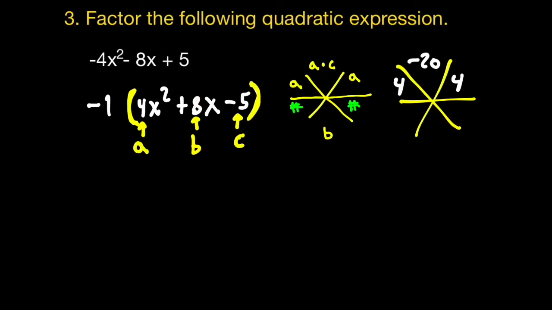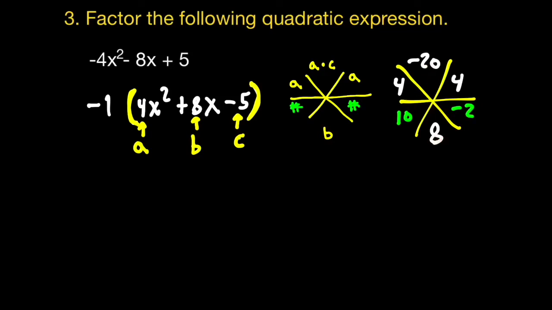And now, I need to find two numbers that when I multiply them together, I'm going to get -20, but if I decide to add them, I'm going to get +8. With some trial and error, we will eventually conclude that the pair that we need is the +10 and -2. 10 times -2 multiplied to -20, but if we add them, they're going to give us a +8.